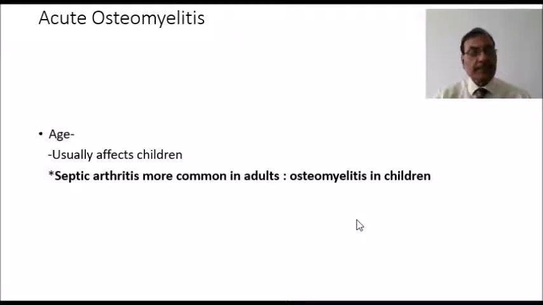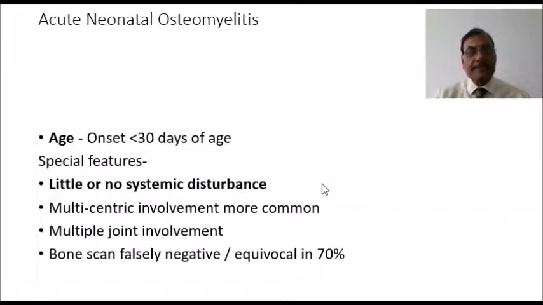Let us see some of the special features in special ages. So, septic arthritis, remember, is common in adults, whereas osteomyelitis is very common in children and less common in adults. In the neonatal period, when it is less than 30 days, there is hardly any systemic disturbance, no fever.